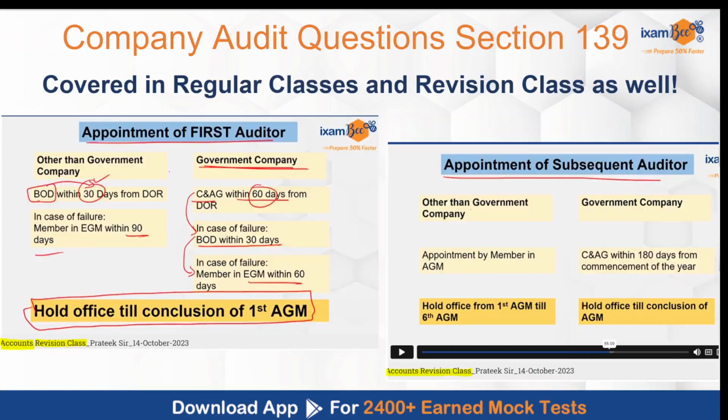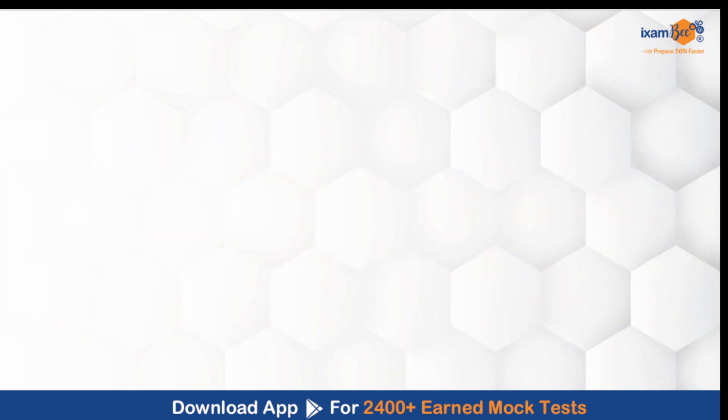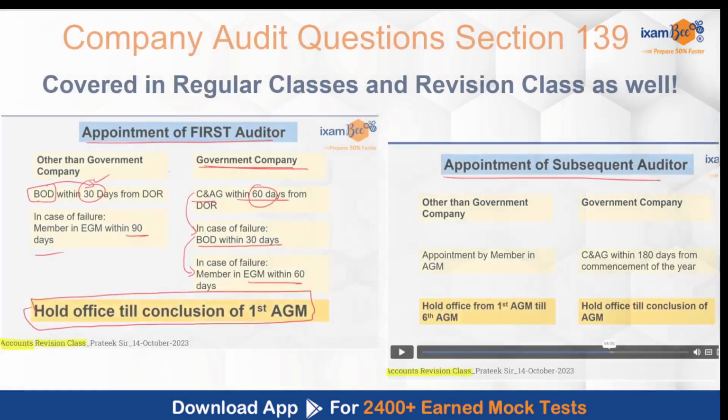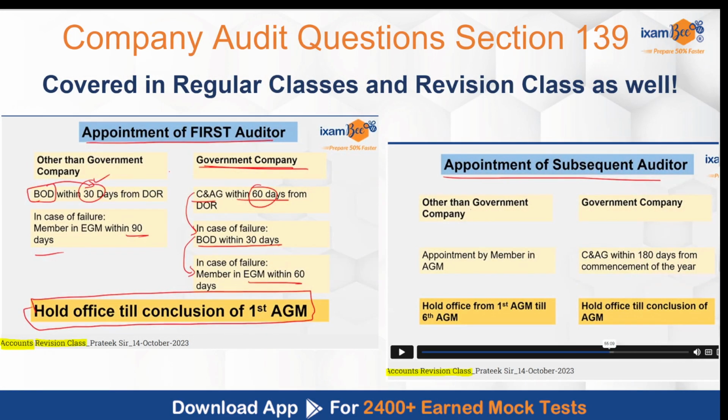There was a question on what Standard on Auditing 570 relates to. A direct question, going concern, again something which we have covered in our classes and revision classes very specifically.